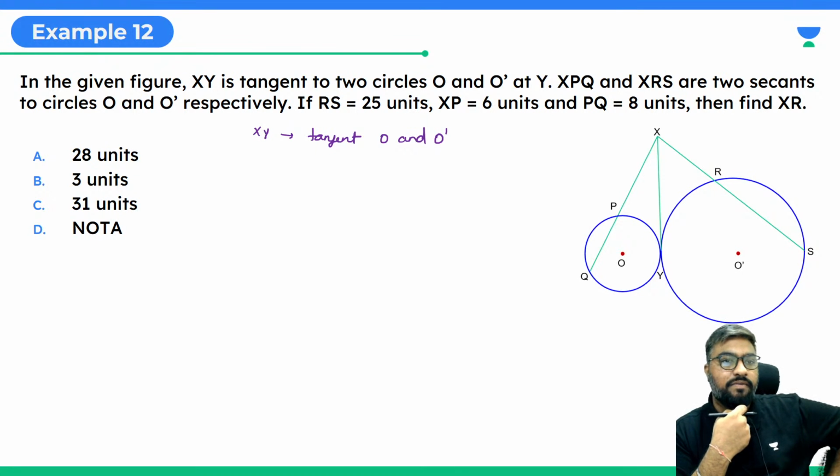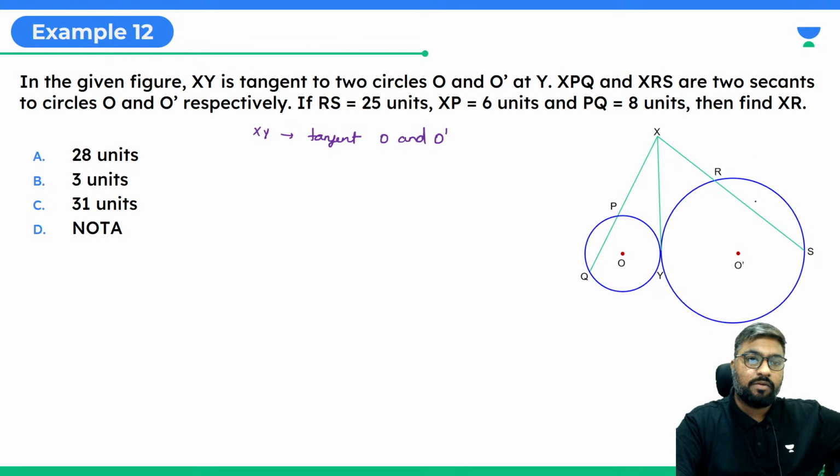The question has given what? RS is equal to 25 units. XP is equal to 6 units. PQ is equal to 8 units. They need us to find out XR. Try करिए.